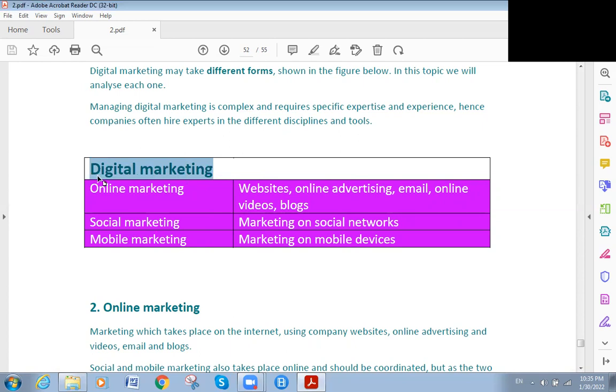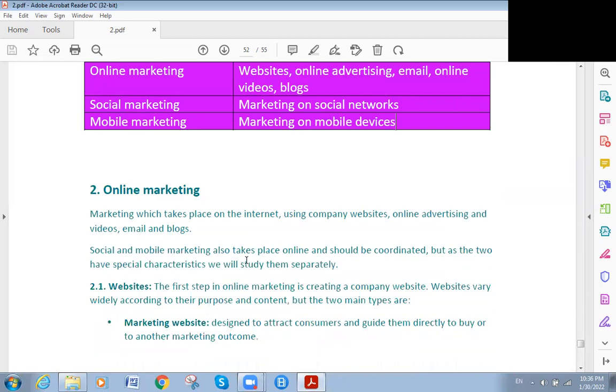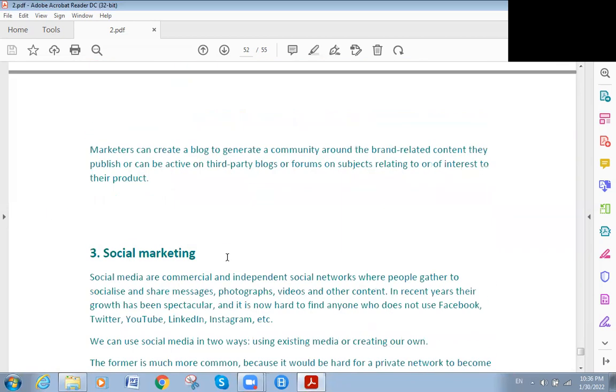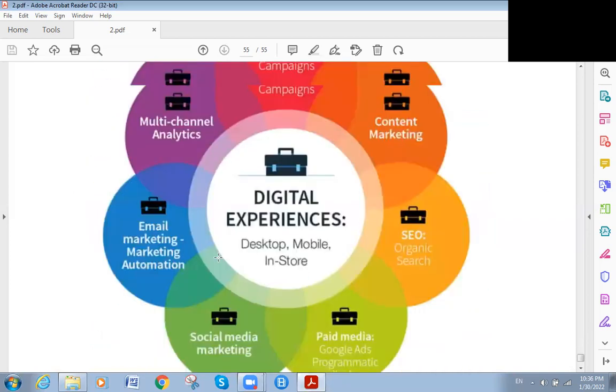It consists of these three parts: online marketing, social marketing, and mobile marketing. Online marketing includes websites, online advertising, email, online videos, and blogs. The social marketing is marketing on social networks, and the mobile marketing is marketing on mobile devices. So these are the types of digital marketing.